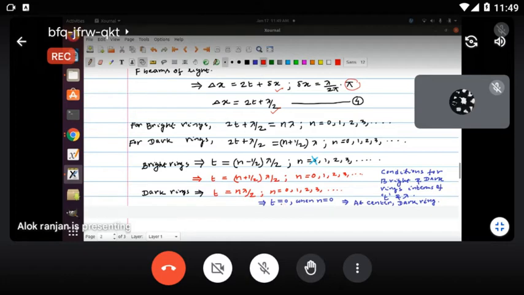It indicates that the center of the air film, that means the portion around the point of contact between the plano-convex lens and the glass plate, satisfies the condition for darkening. Hence, at the center we must have darkening. So now we understood why at the center we have darkening, as we can derive from this mathematical expression.